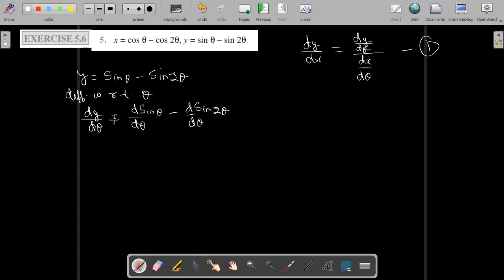The differential of sin theta is cos theta. And here you have two functions. The outermost is sine, so the differential of sin 2 theta is cos 2 theta, and the differential of 2 theta is 2. So 2 cos 2 theta.